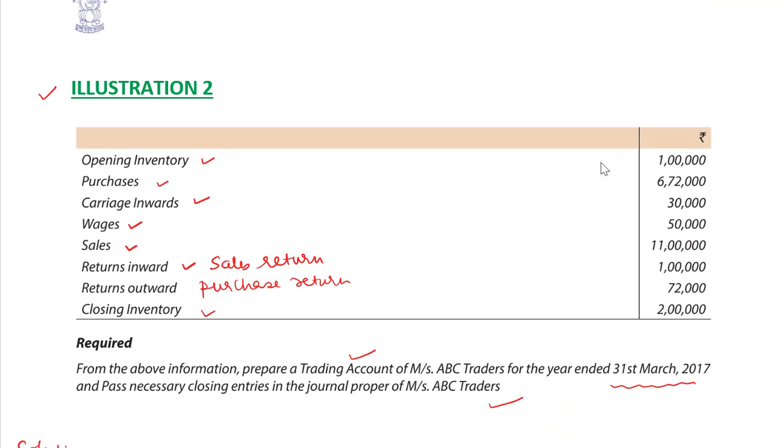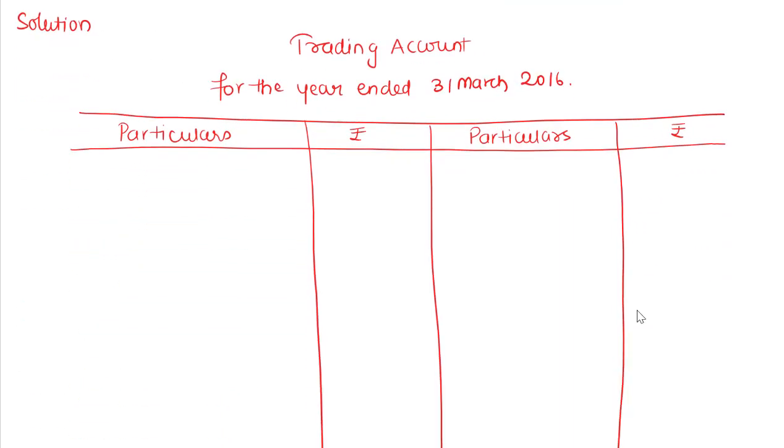First of all, we'll write opening inventory and purchases. To opening inventory, 1 lakh.